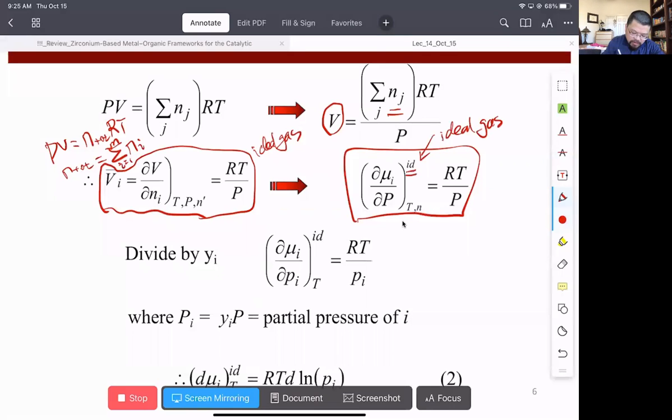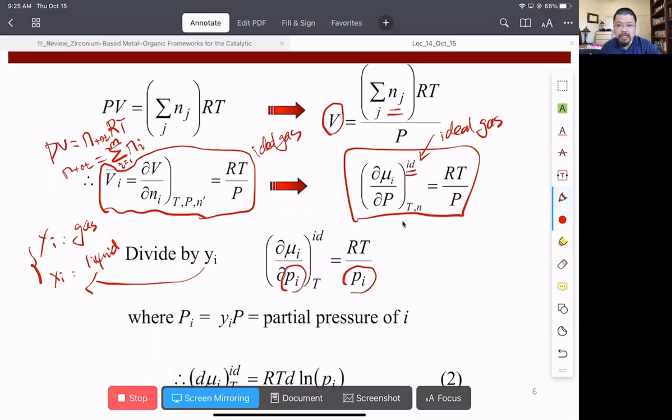Here we have one extra note. If we are talking about a y_i, this implies that we are looking at the gas phase. If we are talking about the x_i, this is talking about the liquid phase. Okay, so we divide both sides by y_i, then we are looking at the partial pressure of that component i in the gas mixture phase.